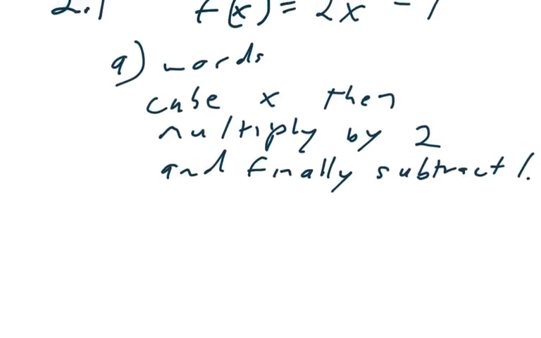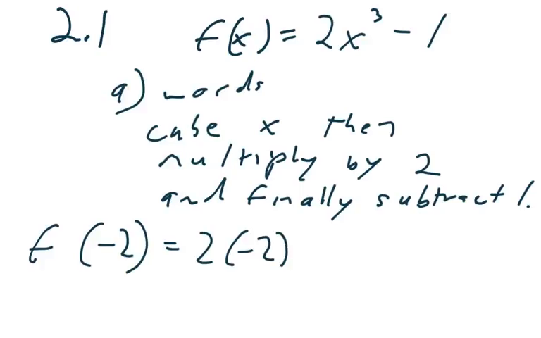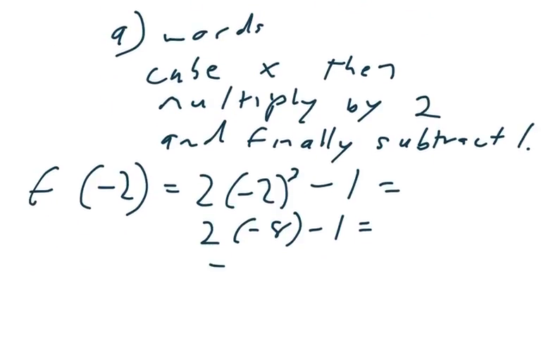And then if I wanted to do f of -2, I would do 2 times -2 cubed minus 1. Calculator will do the order of operations for you, or if you don't have a calculator, you can do the order of operations. And -16 minus 1 is -17.